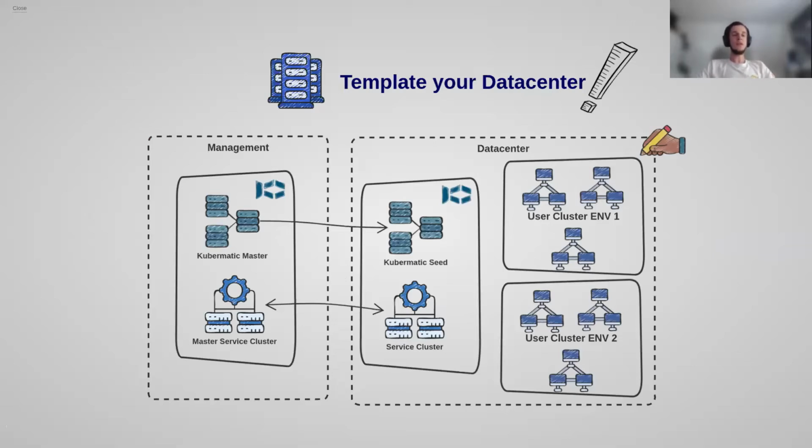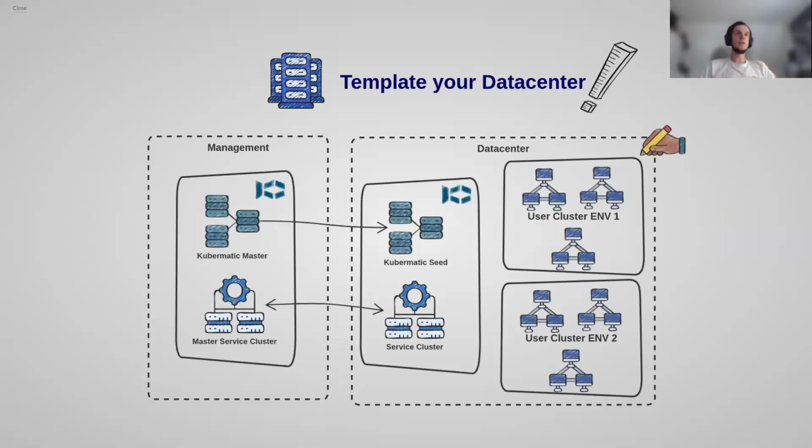What also played into our hands is that our company developed an open source software called Kubermatic Kubernetes Platform. It gives you the ability to have a seed in one data center, multiple seeds in multiple data centers, and one central management cluster, which is the master cluster.